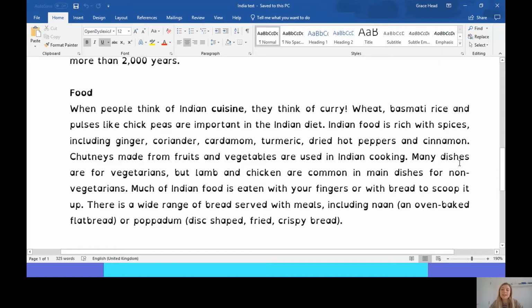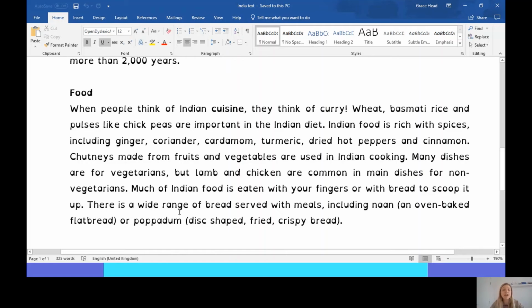Many dishes are for vegetarians, but lamb and chicken are common in main dishes for non-vegetarians. Much of Indian food is eaten with your fingers or with bread to scoop it up.